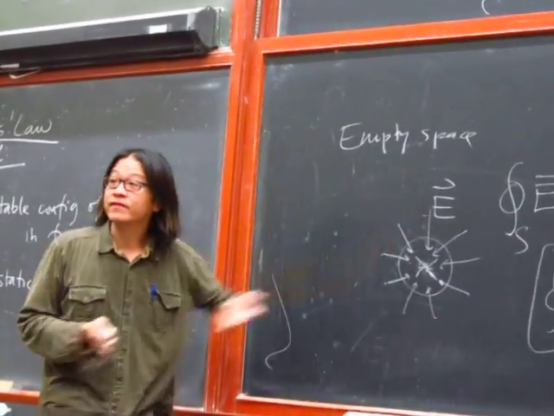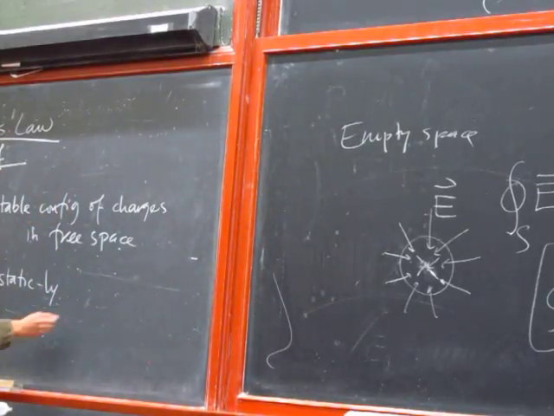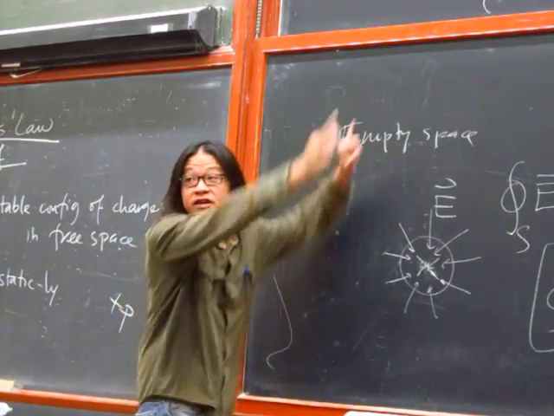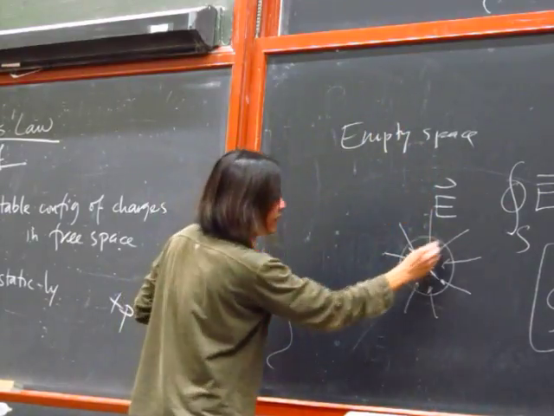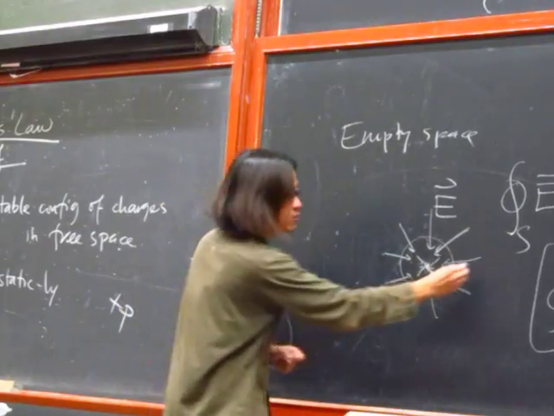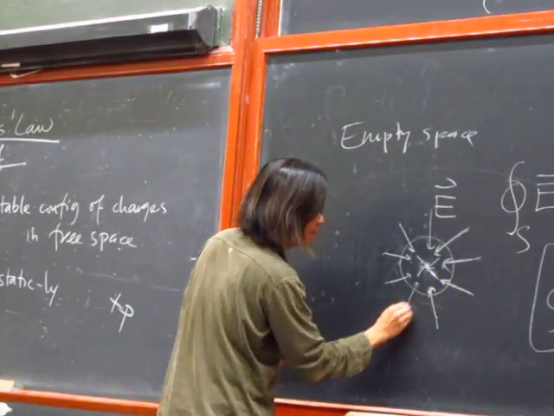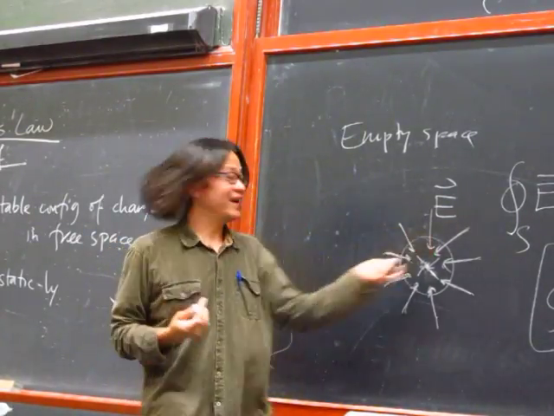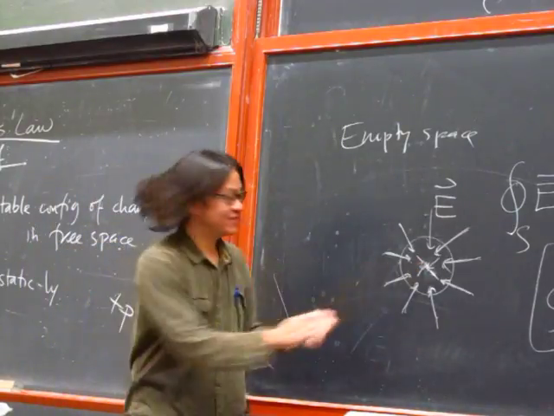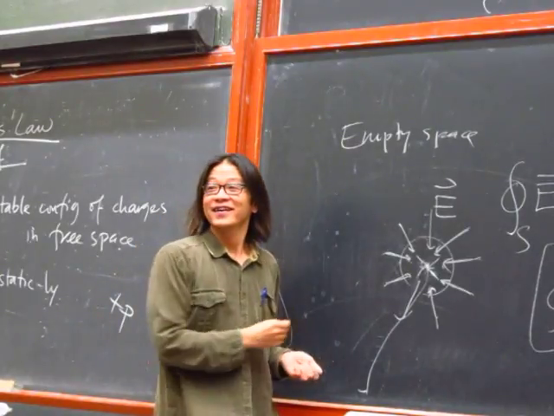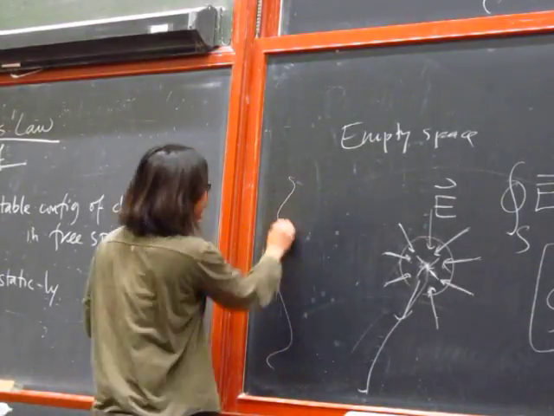in free space, if I want to trap a particle, say a proton, in some region of space that's empty, you might have charges elsewhere. In order for you to do that, the electric field at that point where you want to trap the particle has to all point inward. Otherwise, the proton will escape. So you have other charges around it? Oh yeah, you might have other charges around here.